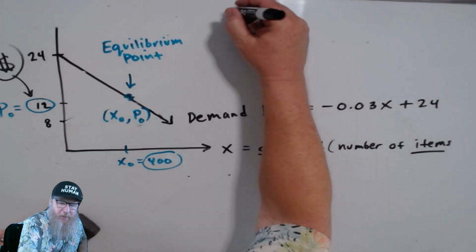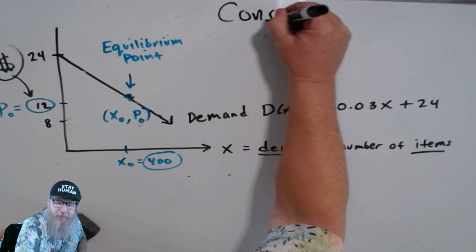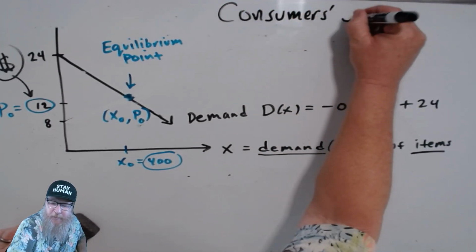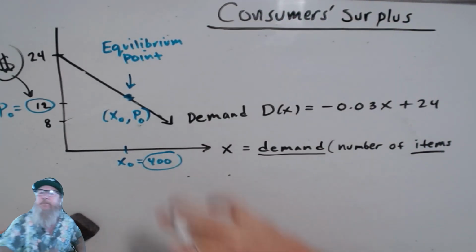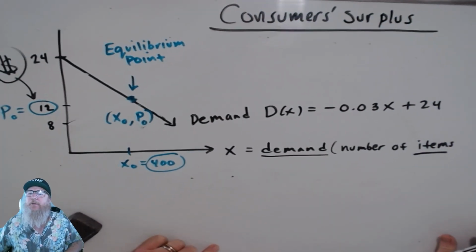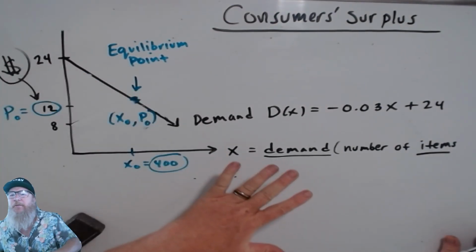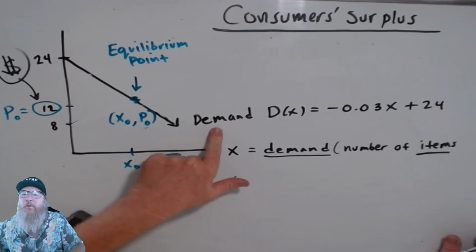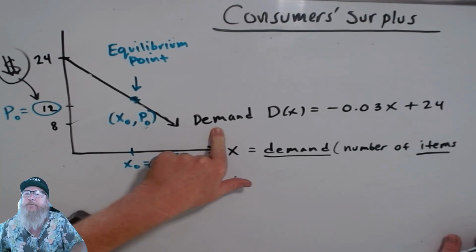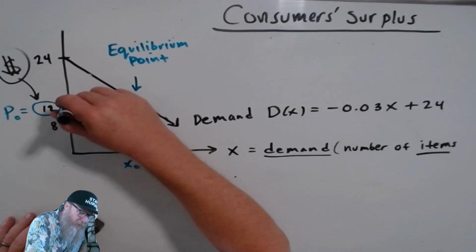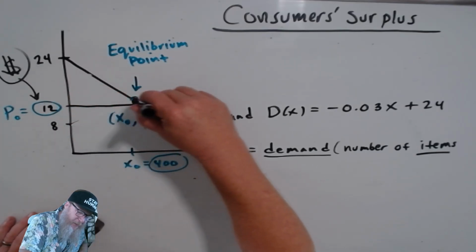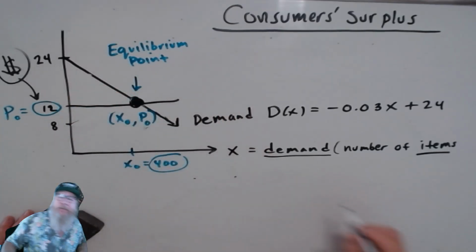So this is called consumer surplus. When you do consumer surplus, you remove the supply curve and you look only at the demand curve, and then you draw a horizontal line through the equilibrium point.